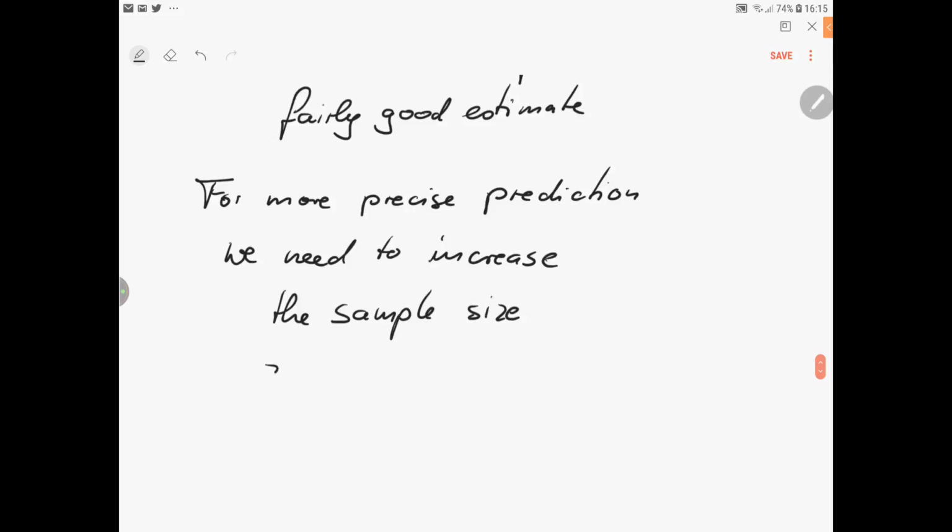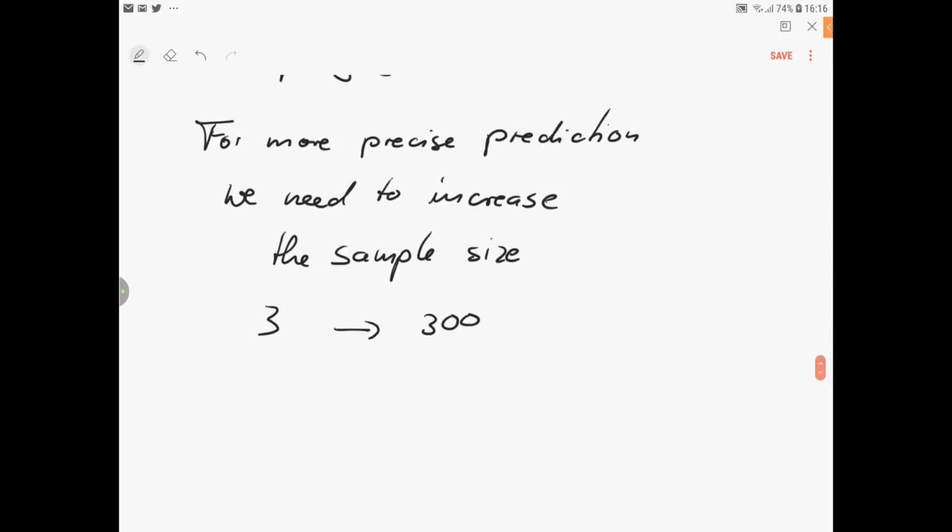So instead of 3, if we did the experiment, let's say 300 times, then we would get a far better idea of where the true mean for all the possible experiments that we could do in this case would be located. So I think I will leave it here.